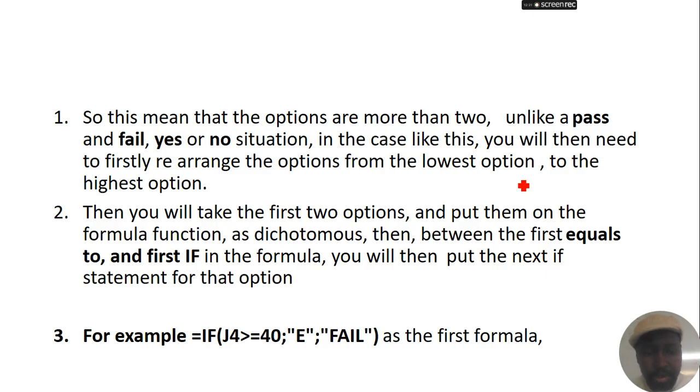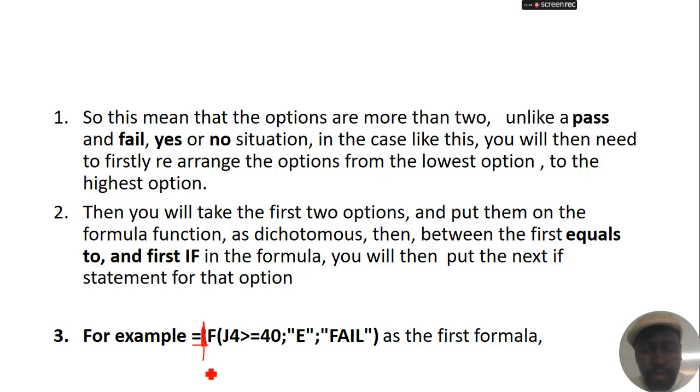It depends. Then you will take the first 2 options and put them in the formula function as a dichotomous choice. Then, between the first and equals to here, you add, going up, the next statement.